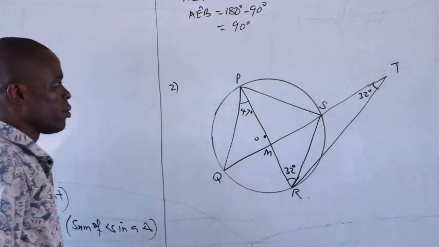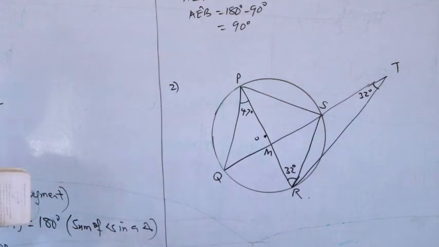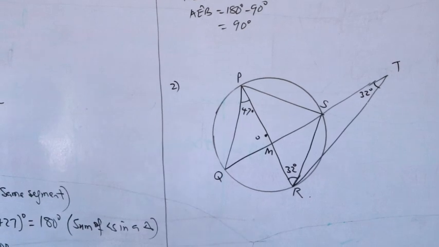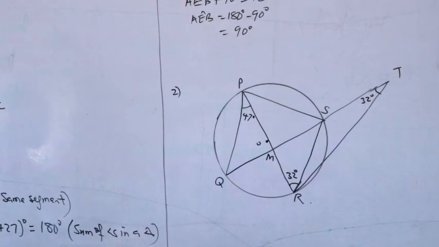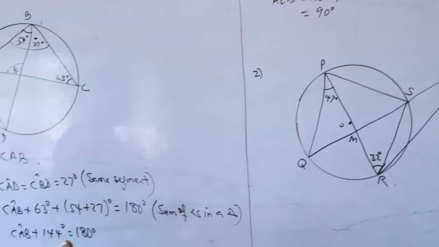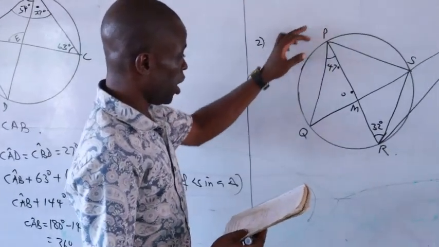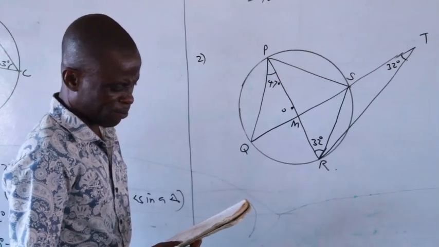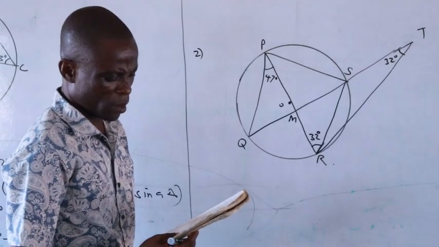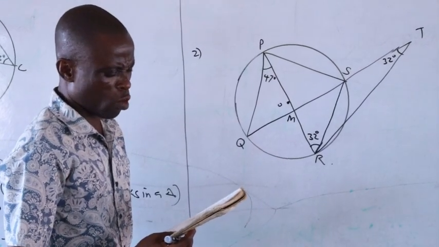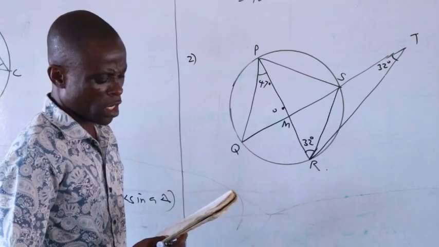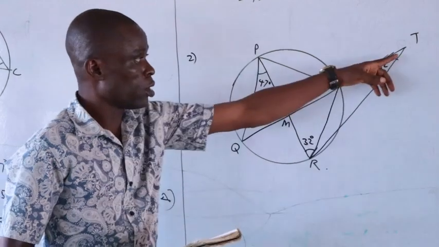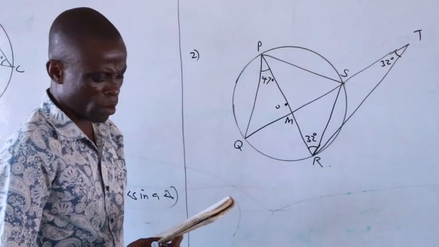Now, in this question, we have in the diagram below PQRS, our points on the circle, center O. T is a point outside the circle.